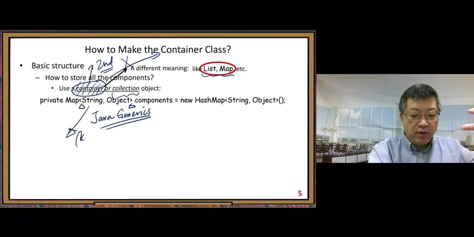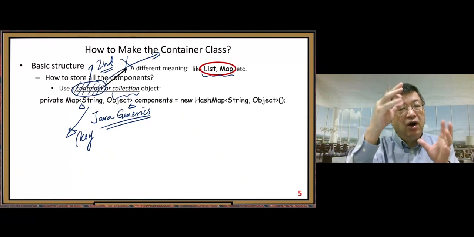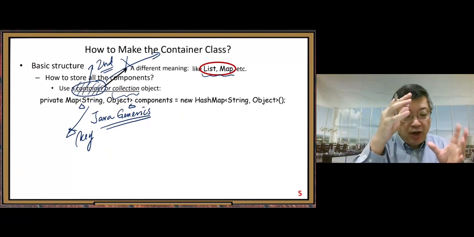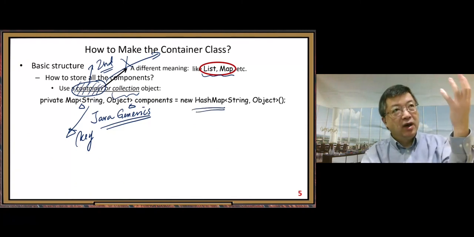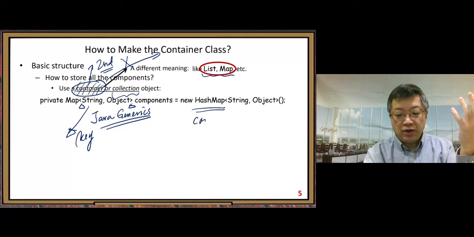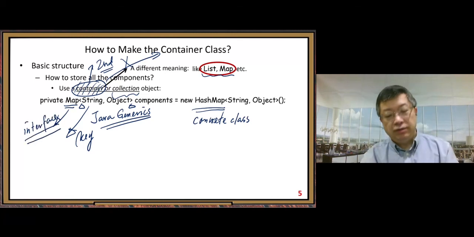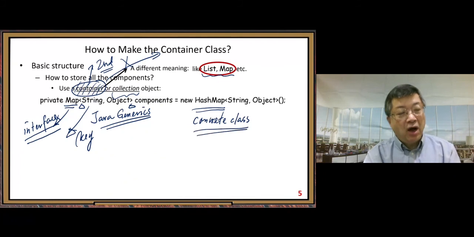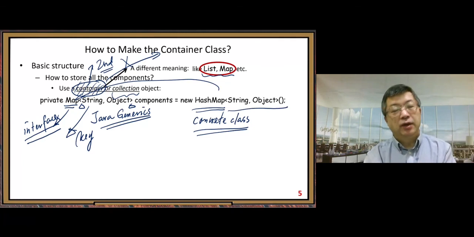For the map, you need to provide a key because you want to search to find your object, search based on the key, the string. Then HashMap. This HashMap is a concrete class, because Map is an interface. Interface has no constructor. So you have to use some concrete class that implements that interface to construct your object.